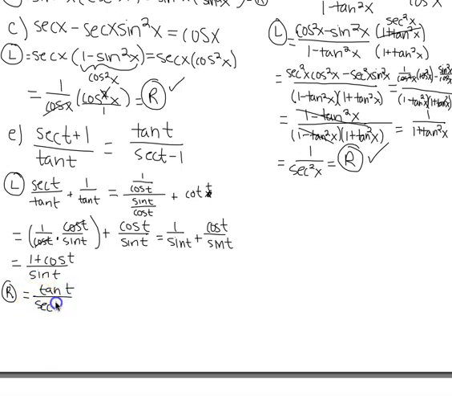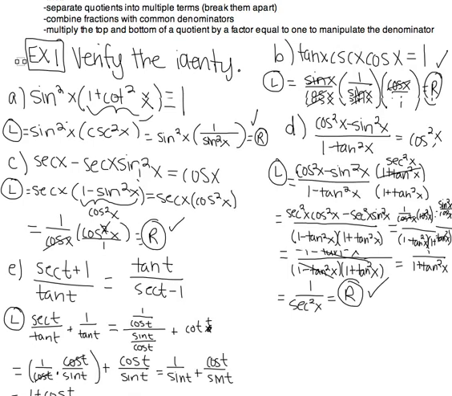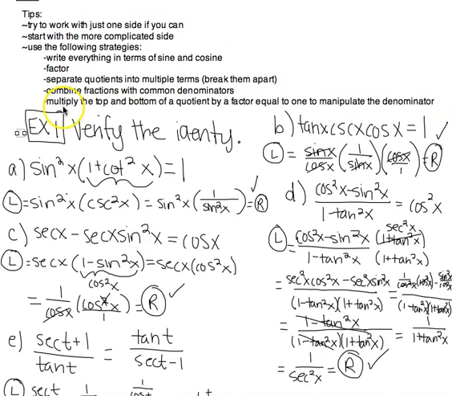And so like I just showed you in the previous example, because this is secant t minus 1, which is not one of our identities, I'm going to multiply by the conjugate, which would be secant t plus 1. So secant t plus 1, whatever I do to the denominator, I also have to be doing to the numerator, because again, we have to multiply by a factor that's equal to 1.